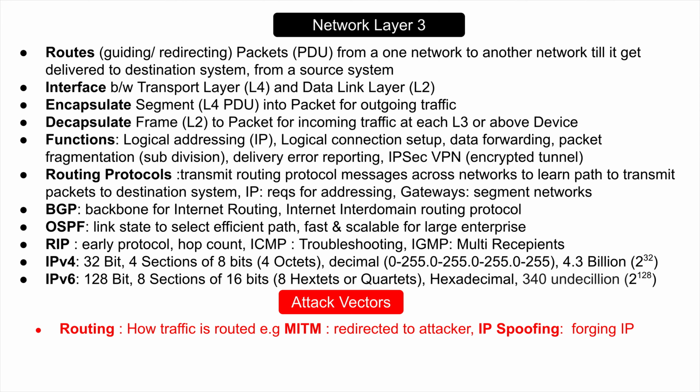Then there is an IP spoofing attack, which means the attacker is falsely claiming or forging an IP address in order to redirect the traffic going to the target system.